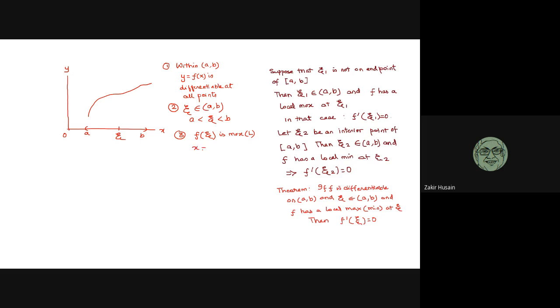So at x equal to psi, the function attains a local maximum. In this function, well, it will not work, but let us assume it is a function like this. So that means over here, it's not very well drawn, but I hope you can understand, f prime is 0. This is what the theorem says.